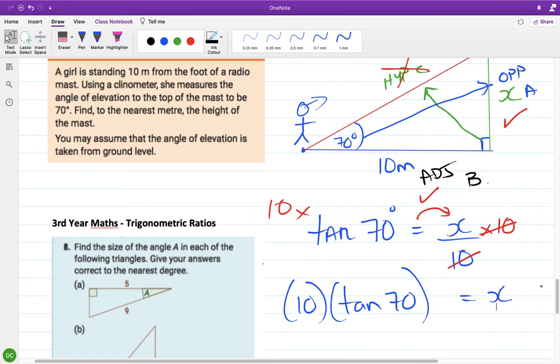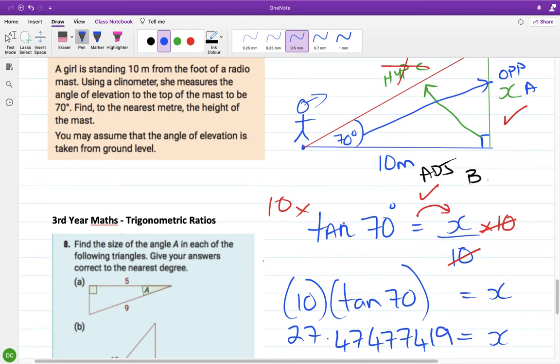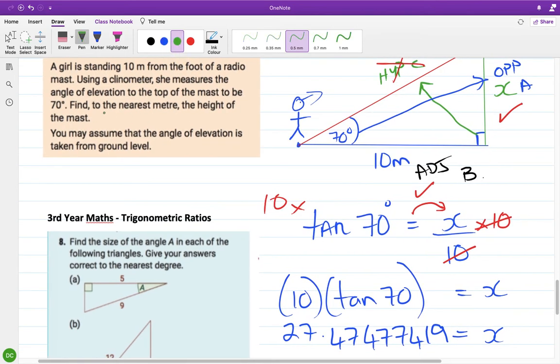So 10 multiplied by tan 70, I'm typing that into my calculator, and I'm getting 27.47477419.